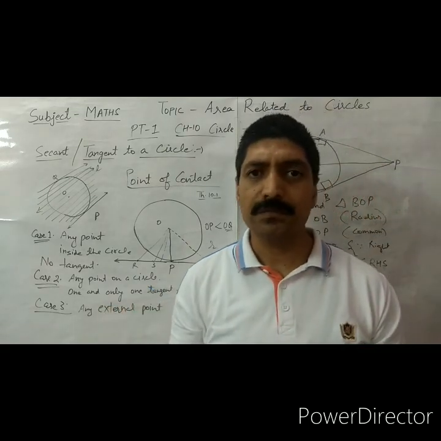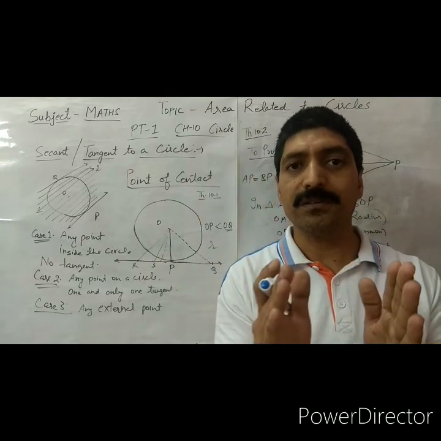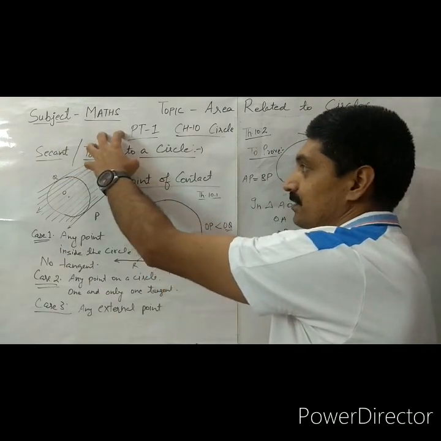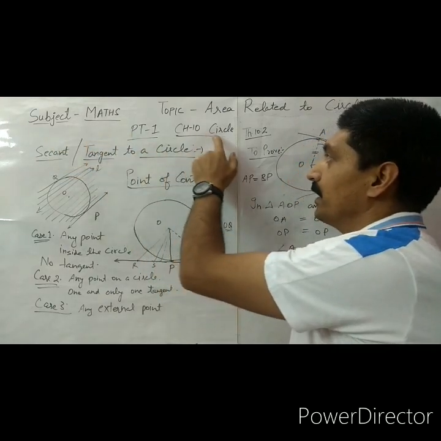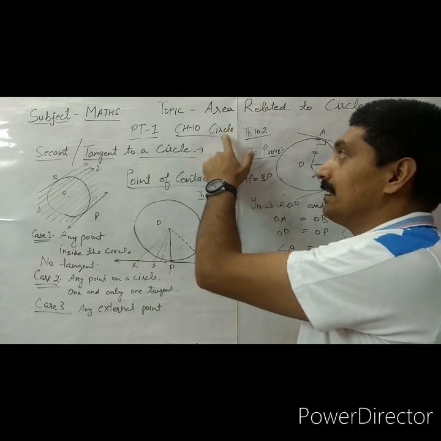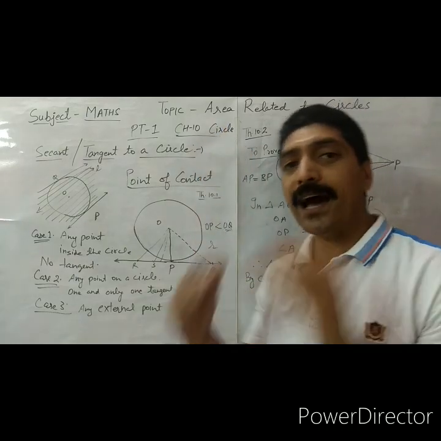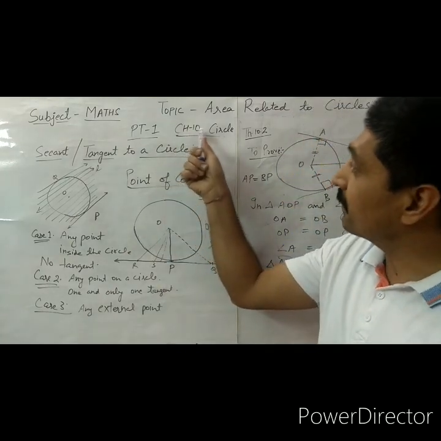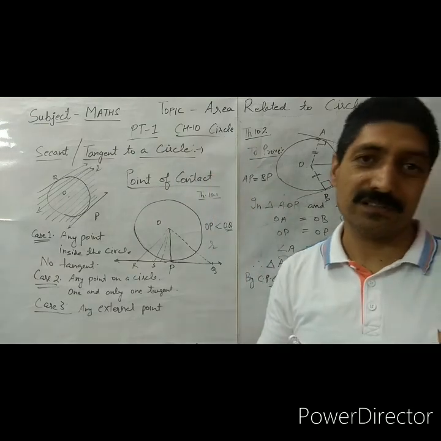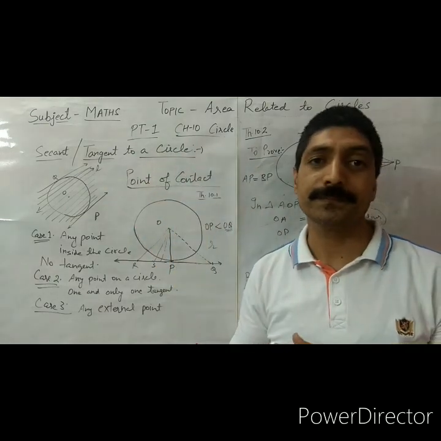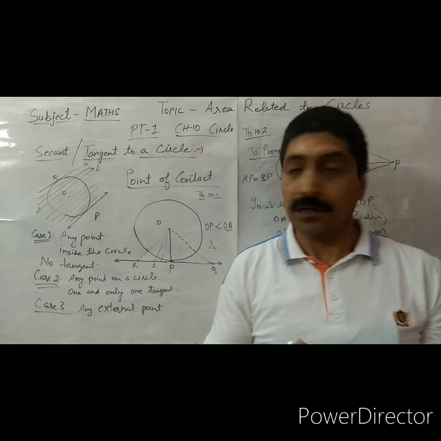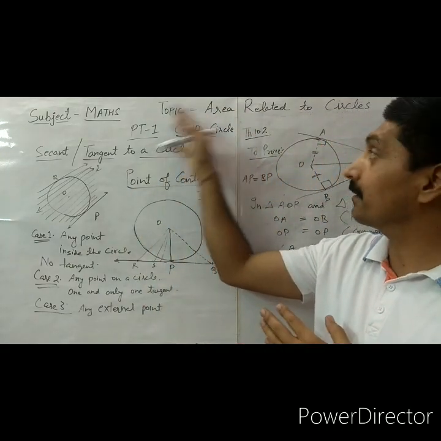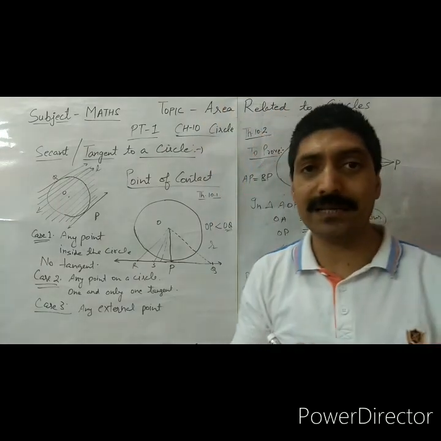And dear students, this is a very, very easy chapter, circles, and it is totally based on secants and tangents. That is why I have already discussed its name with you, because the main property of a circle we studied in grade 9, grade 10, and we can even name it as tangents to a circle. So complete the topic sector area related to the circle, that is sectors and segments.